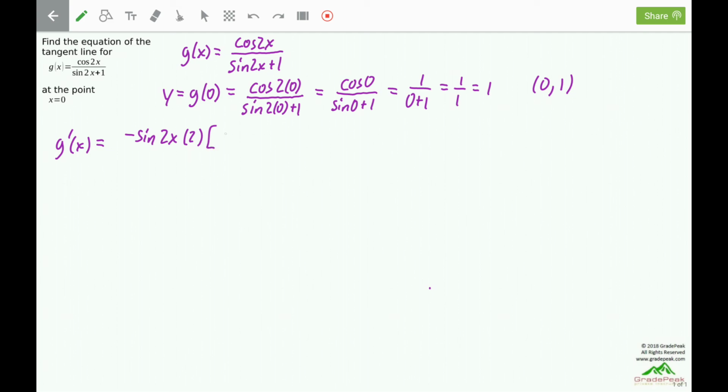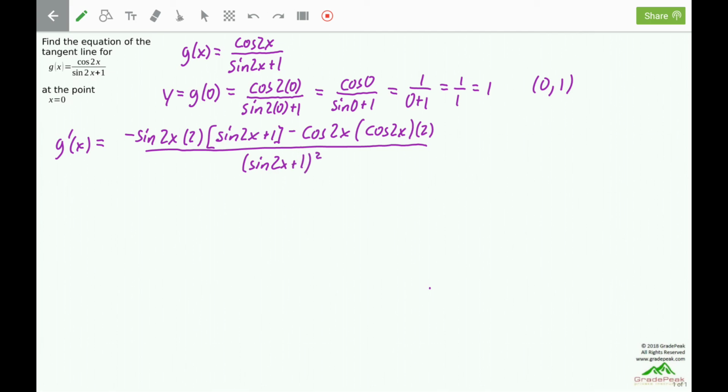All of that times the denominator left alone, and then minus the numerator left alone, times the derivative of the denominator. Derivative of sine 2x is cosine 2x, leave the inside alone, but multiply by the derivative of its inside to complete the chain rule. The derivative of 1 is a 0. All of this is divided by the denominator squared: sine of 2x plus 1 quantity squared.